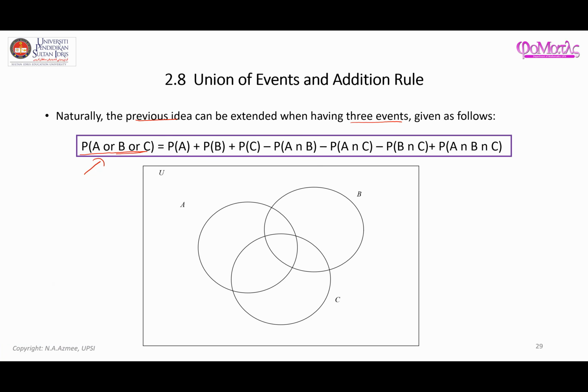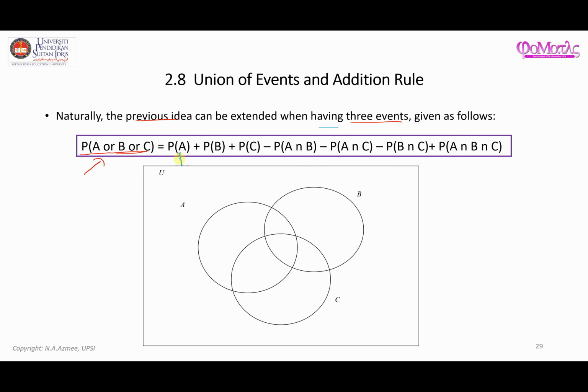So you can see that we have probability of A plus probability of B plus probability of C, and we've got to minus sum of the intersection area given here, and then we've got to plus another intersection area. Okay, and I'm just going to demonstrate to you how intuitively this idea here makes sense by sketching the area.